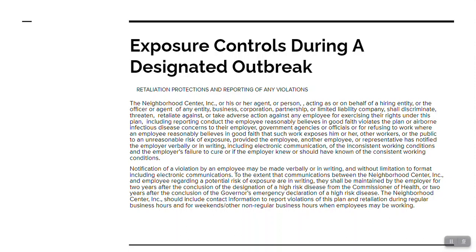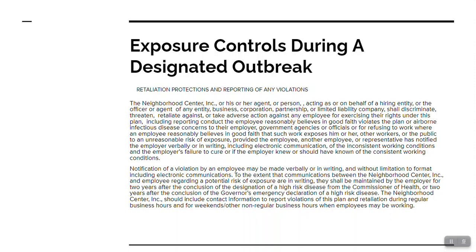Notification of a violation by an employee may be made verbally or in writing and without limitation to format, including electronic communications. To the extent that the communications between the neighborhood center and an employee regarding a potential risk of exposure are in writing, they shall be maintained by the employer for 2 years after the conclusion of the designation of a high-risk disease from the Commissioner of Health, or 2 years after the conclusion of the Governor's emergency declaration of a high-risk disease.